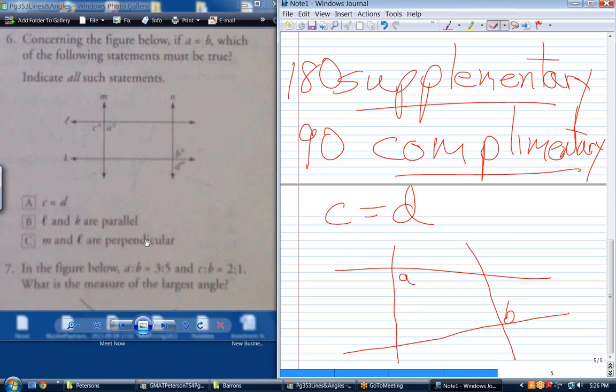M and N are perpendicular. So that's when they cross, right? That's what perpendicular means. Perpendicular means they are 90 degrees to one another. In other words, those two lines are perpendicular, but that line is not.